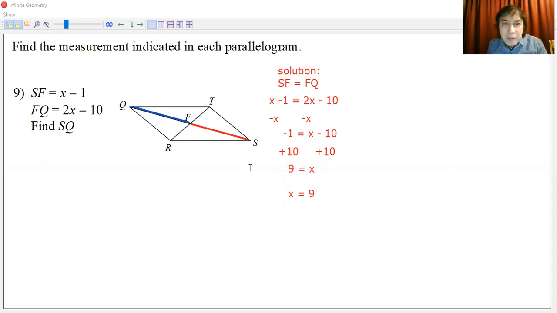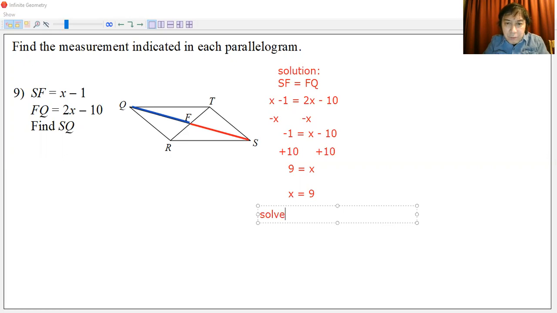Now we're asked to get SQ, not SF or FQ. It's SQ, which is the total. We're after the total, so we're going to solve one of the segments, then double it. So we can have this working equation.